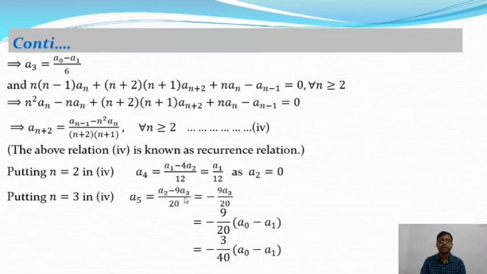But we know a3 equals (a0 minus a1) by 6 and a2 equals 0, so from this we get minus 9a3 by 20, that is minus 9 by 20 into (a0 minus a1) by 6. After simplifying we get minus 3 by 40 into (a0 minus a1), and this is the value of a5.